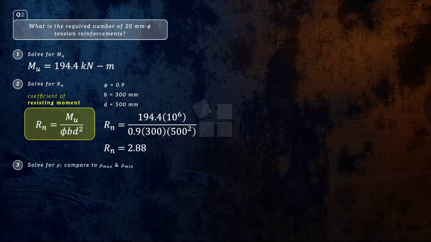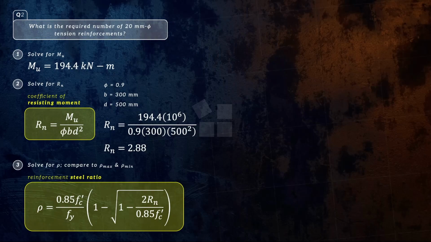Step 3 would be to solve for rho and compare rho to rho max and rho min. Rho is the reinforcement steel ratio given by this formula.